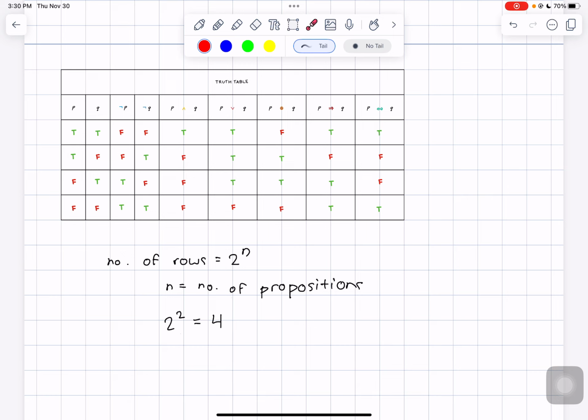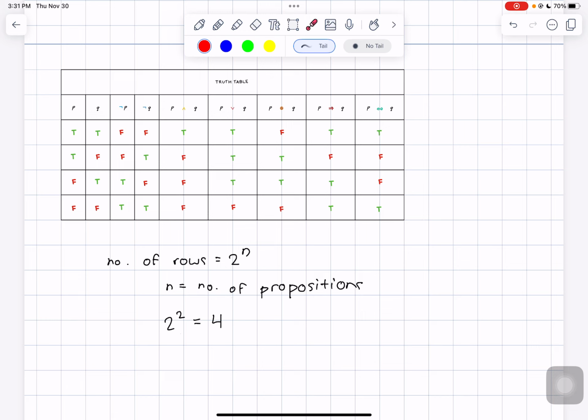Disjunction says or is true if at least one is true. At least one means that 1 is a minimum number of true that we have. So if there are 2 or both of them are true, it doesn't matter. That is still true.